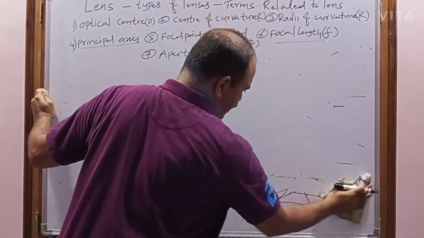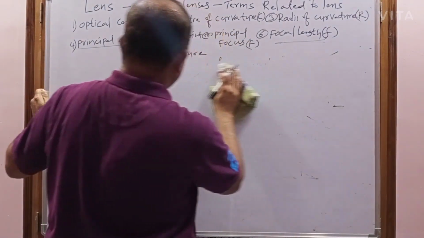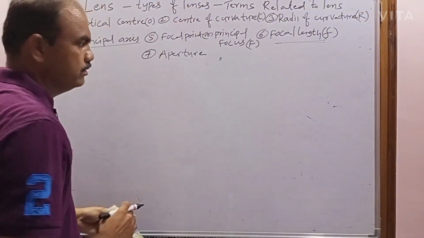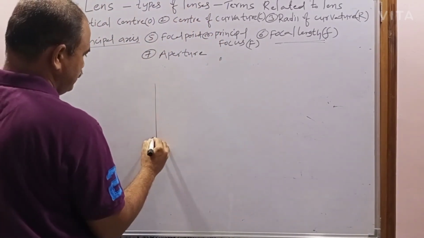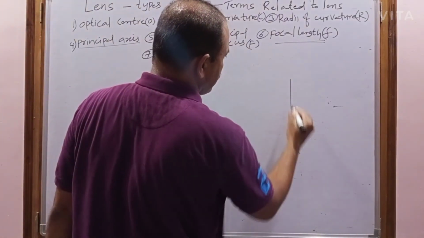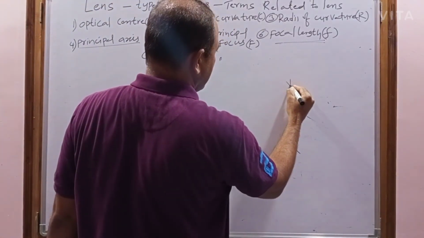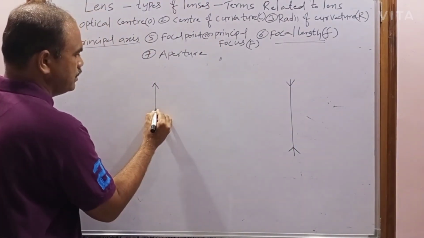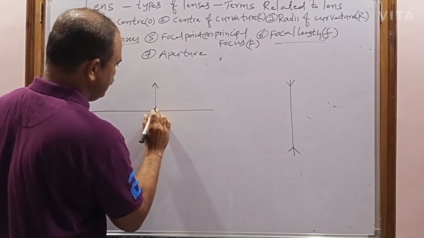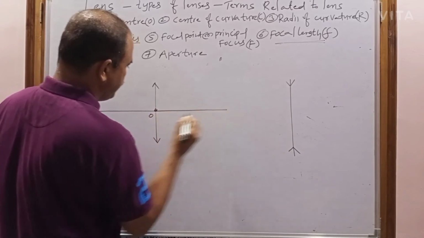While drawing the ray diagram, the convex lens can be represented with a symbol. Already you know that. This is the convex symbol, and this is the concave symbol. Now this is called the optic center, and this is the principal axis.